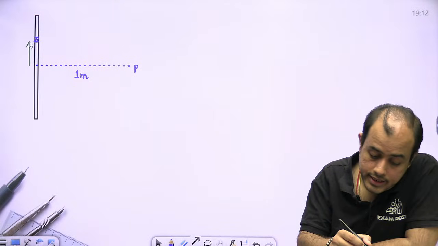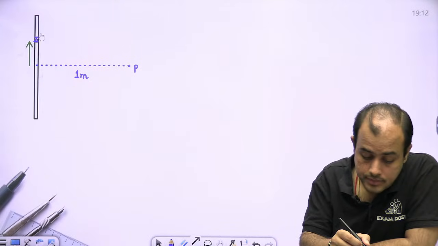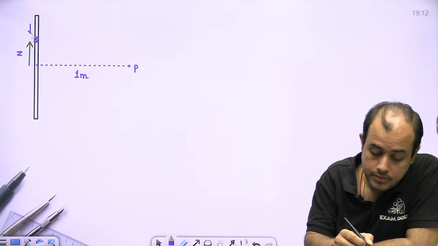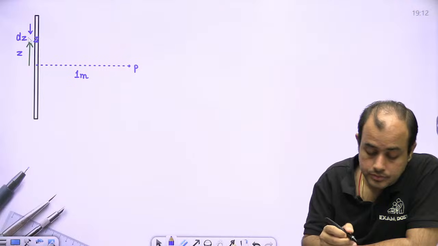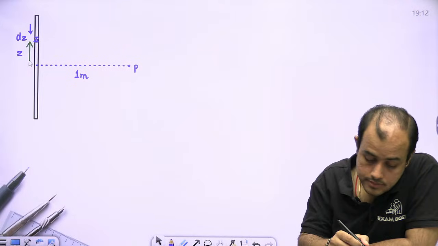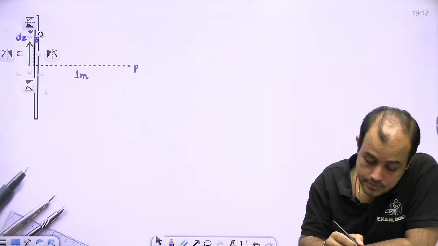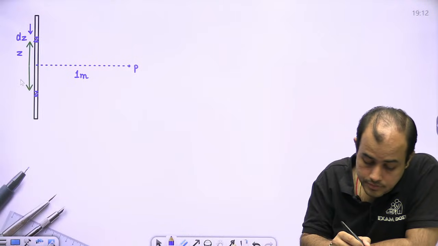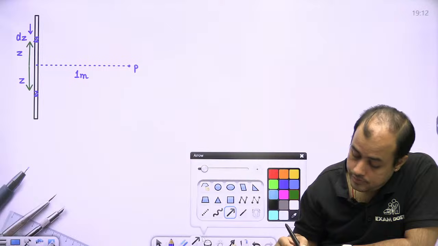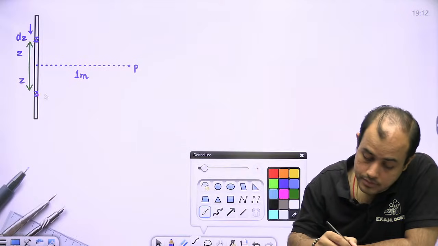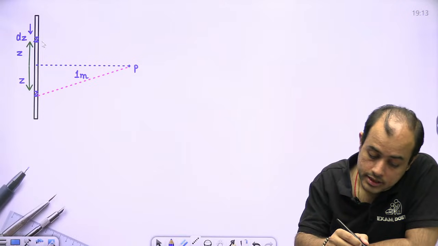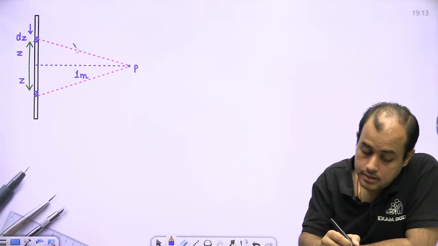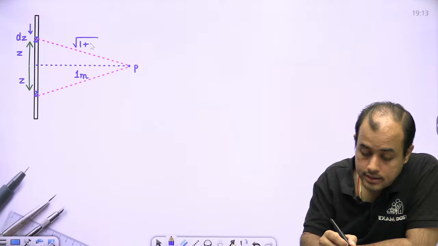Now if I take a height z, ठीक है, I am taking a point charge at a height z, beta, for these two charges, the distance will be same. Correct?